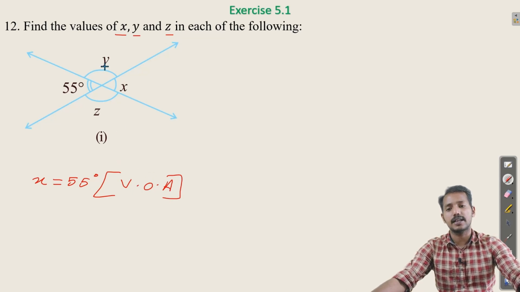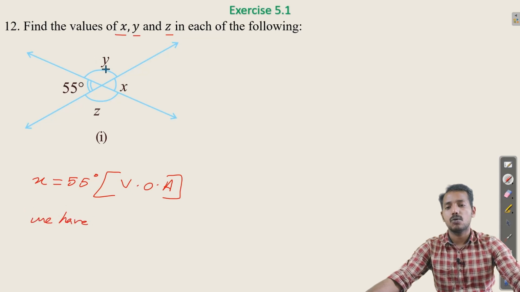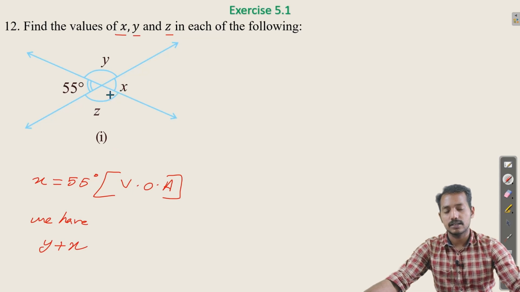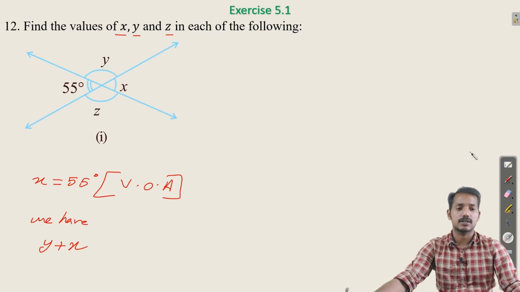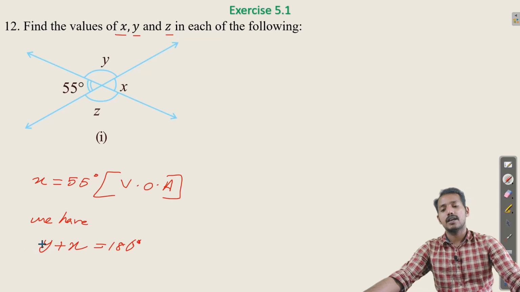Similarly, after finding x, we can go for finding y. What is the relation between x and y? They are linear pair angles, am I right? Y and x are linear pair angles because their non-common arms form a straight line. So the sum should be 180 degrees.